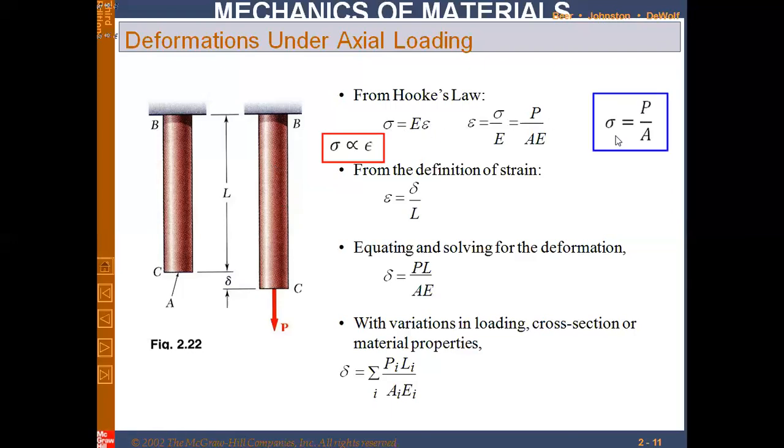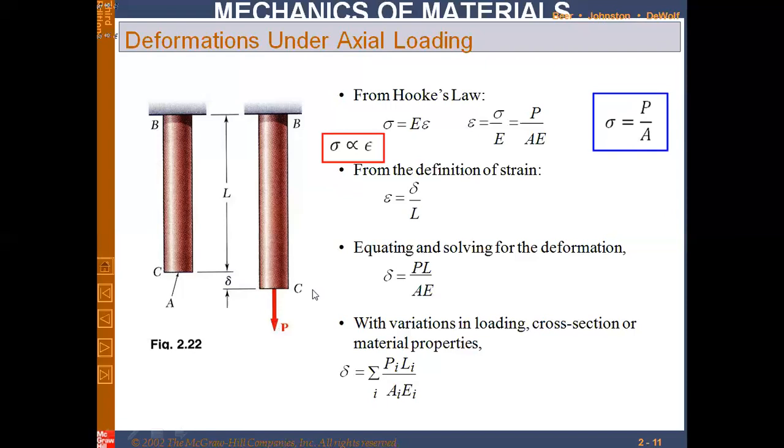In previous classes, we came up with the mathematical model for the normal stress, which is sigma equal to the external loading divided by the resisting area.